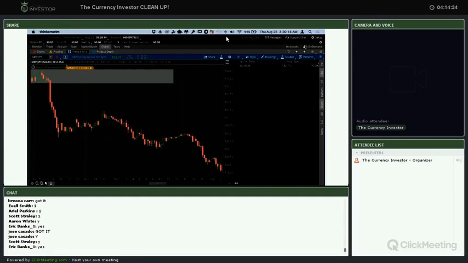This is the candle we was looking at. This candle was 132.22 was the open, 132.23 was the close. Go back.